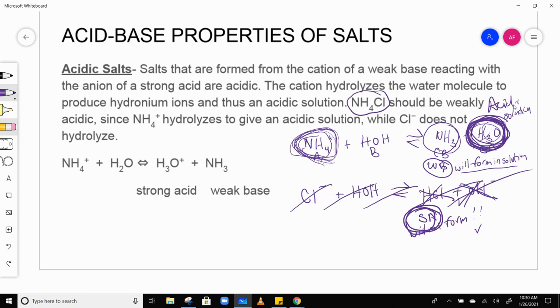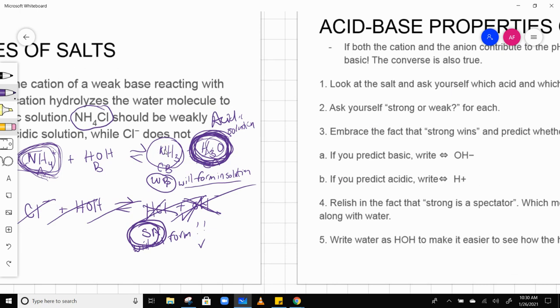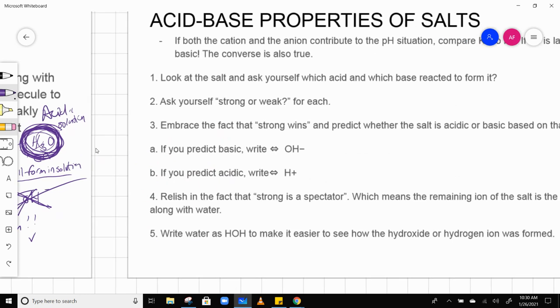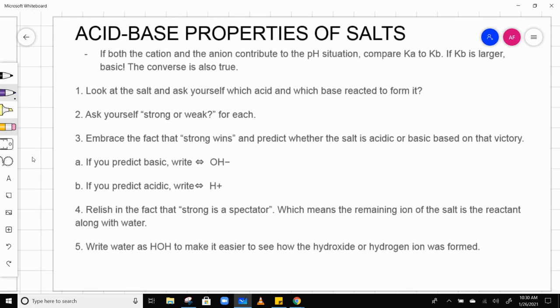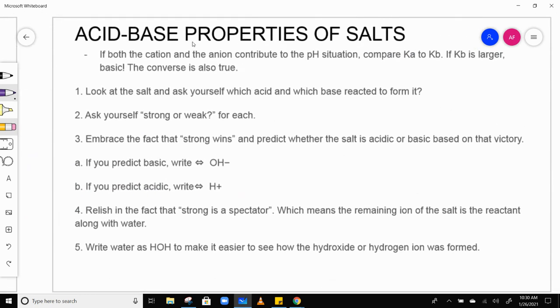Okay. All right, your turn. Well, actually, not your turn yet. So here's kind of instructions on how to do this. If both cation and anion contribute to the pH situation, compare the Ka to Kb.